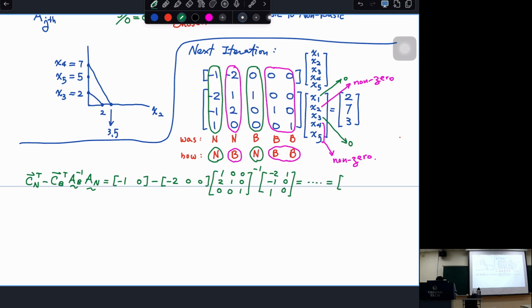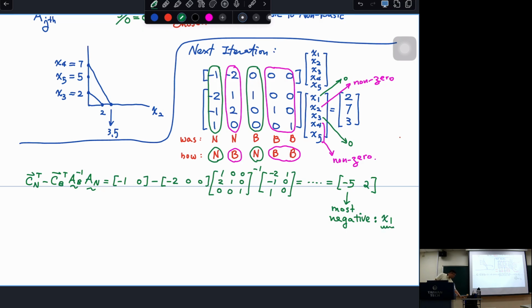So this is the most negative one, and it represents the first non-basic. Right now it is x1. So x1 is to be swapped to basic in the next iteration.